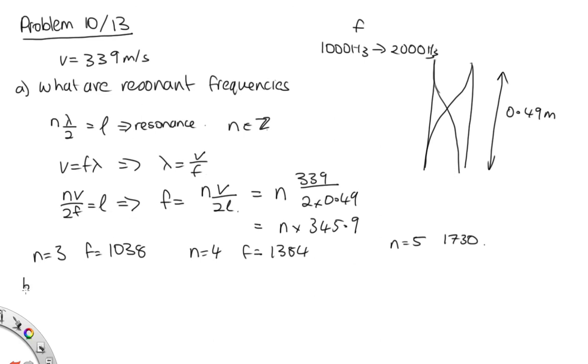Part B says sketch the displacement modes for each, ignoring the end effects. So in B, in this first one where n equals 3, we've got 3 half wavelengths. So there's 1, 2, 3 there, so that's what this one looks like. In this next one, we've got 4 half wavelengths.